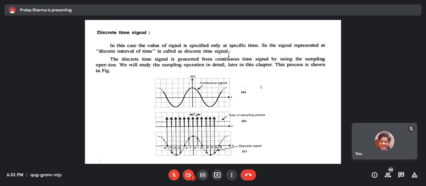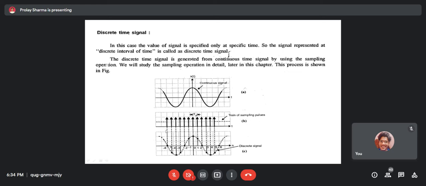Now, discrete signal. We said a couple of times before that a signal can be converted into a discrete signal by doing some operations: first sampling, then approximation. Suppose this is the continuous signal, and this is the train of impulses.